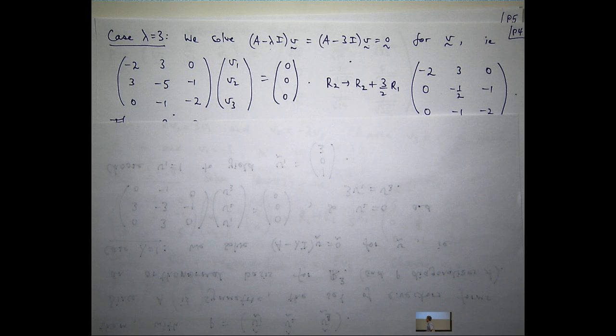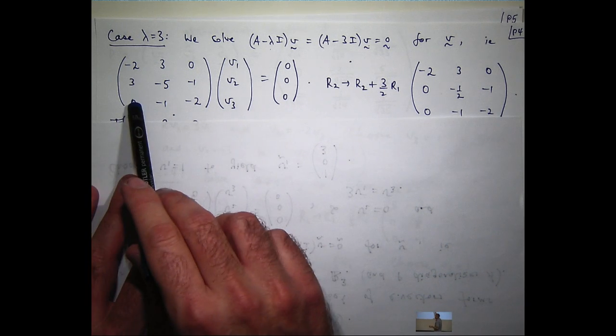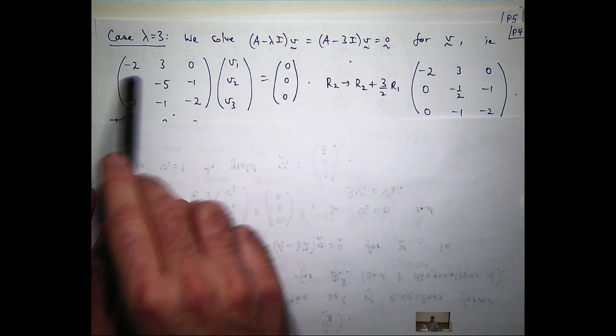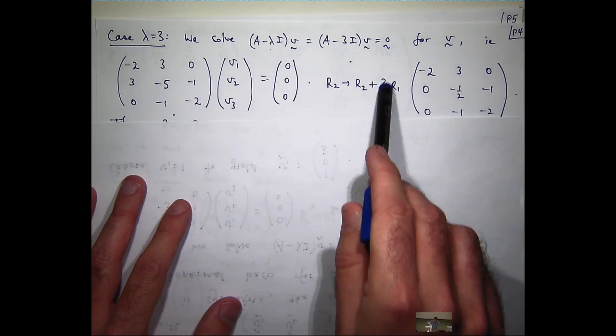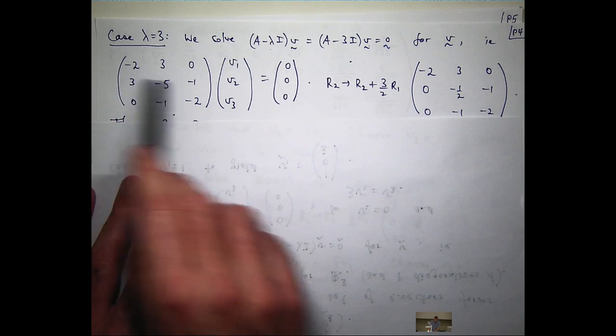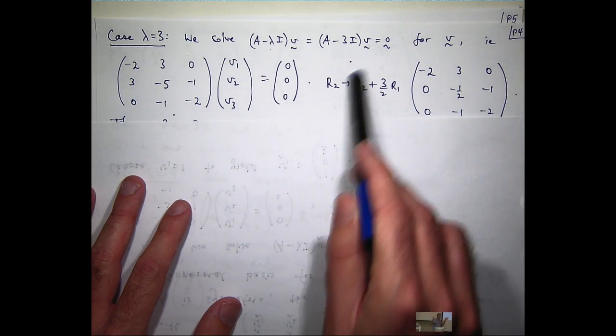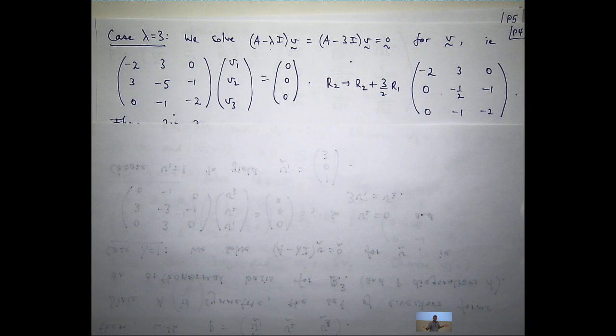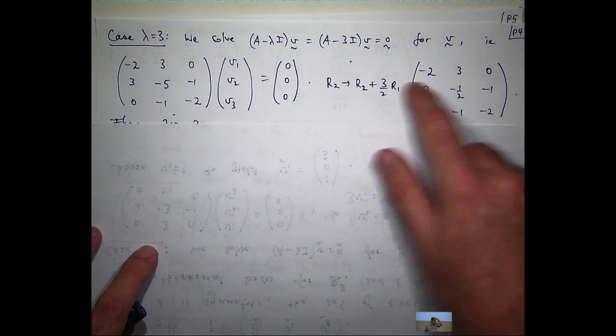So what I've done is that's already a 0. So I'm just going to make that a 0 just by multiplying some multiple by the first row and adding or subtracting it. In this case, this is the relationship here. And I can see these bottom two rows are a multiple of each other.